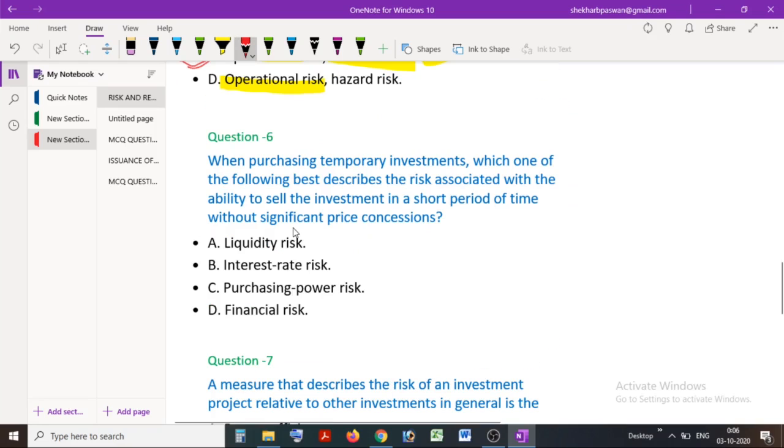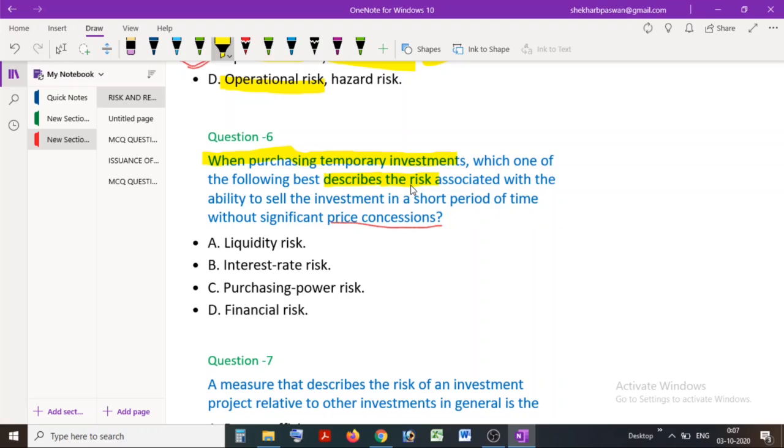Now question number 6. When a company is purchasing a temporary investment, which one of the following best describes the risk associated with the ability to sell the investment in a short period of time without significant price concession? Which one is the risk related to temporary investment?